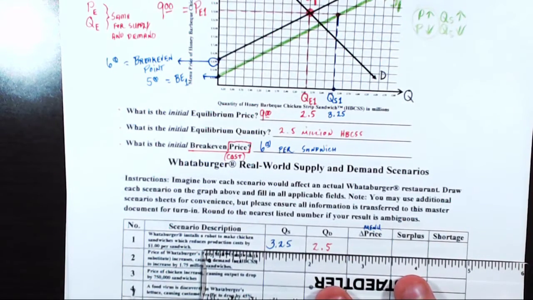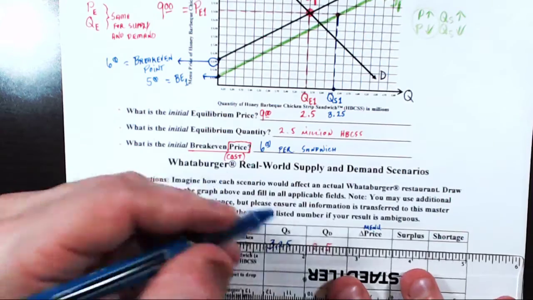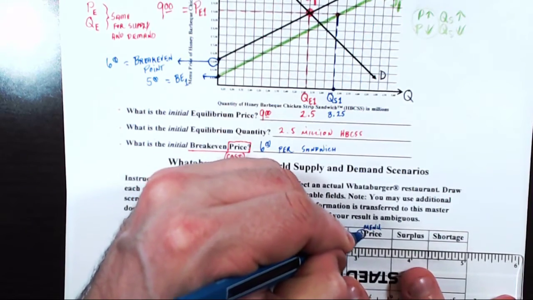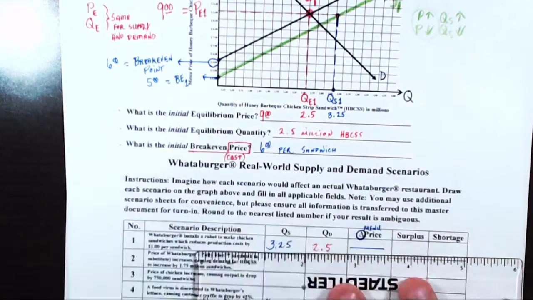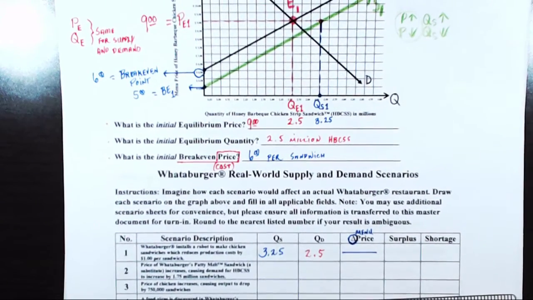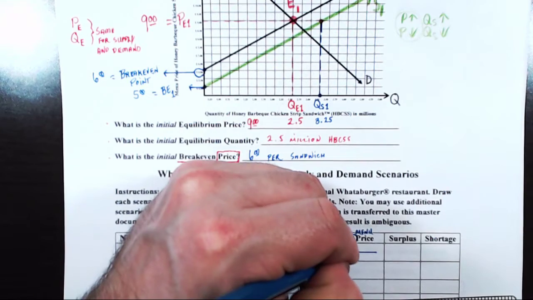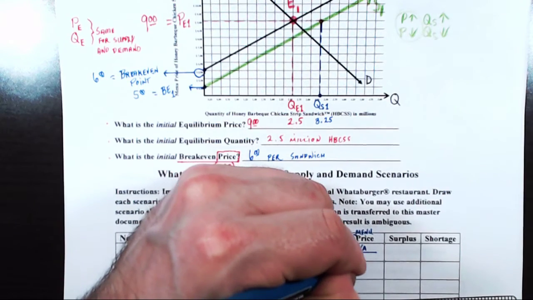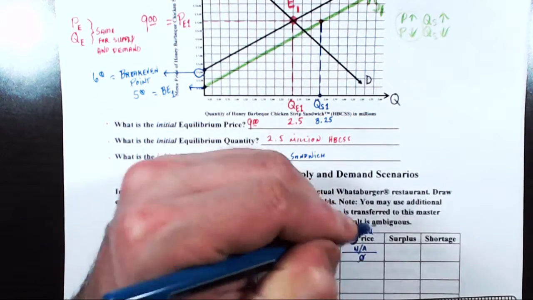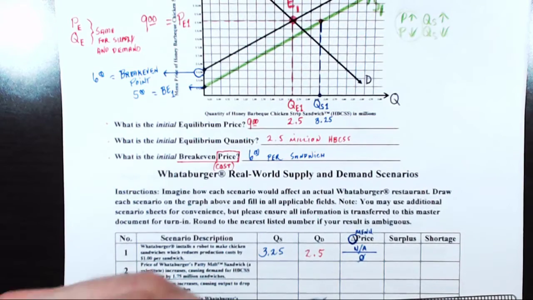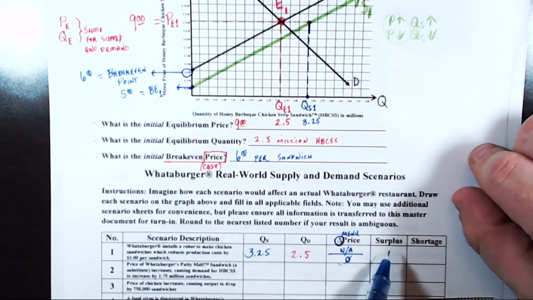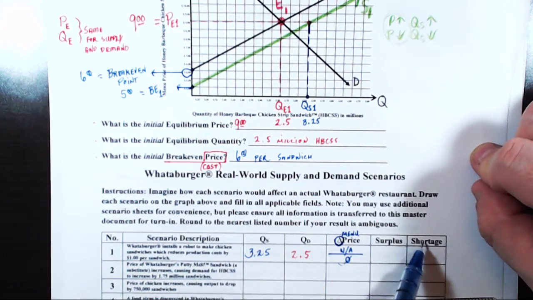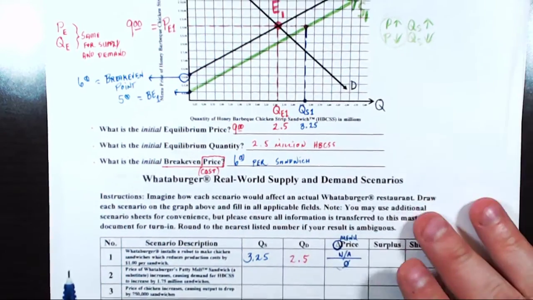You can choose to leave that in, but since I'm asking for change in price, you can just say there was no change in price, put a line through it, or say not applicable, or you could even put 0, something to indicate to me that you know that price did not change.